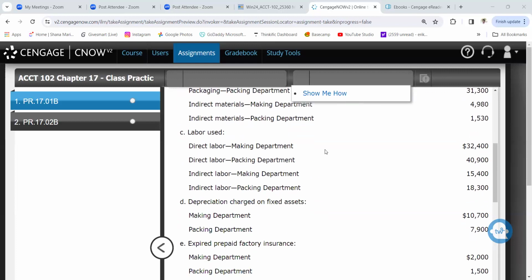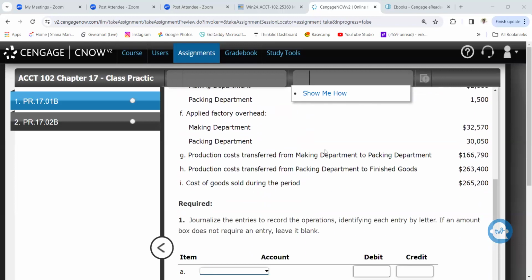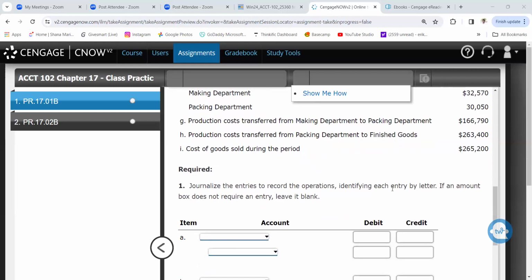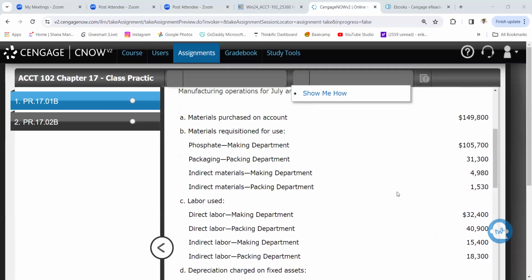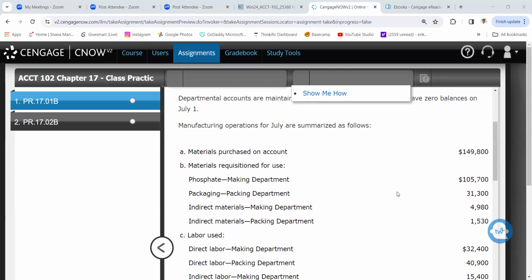A, B, C, D, E, F, G, H, I. And so now what they're asking us to do is for each letter to create the journal entries of what occurred. So let's go back up here. Purchase materials on account. So when we purchase materials, materials is an asset.